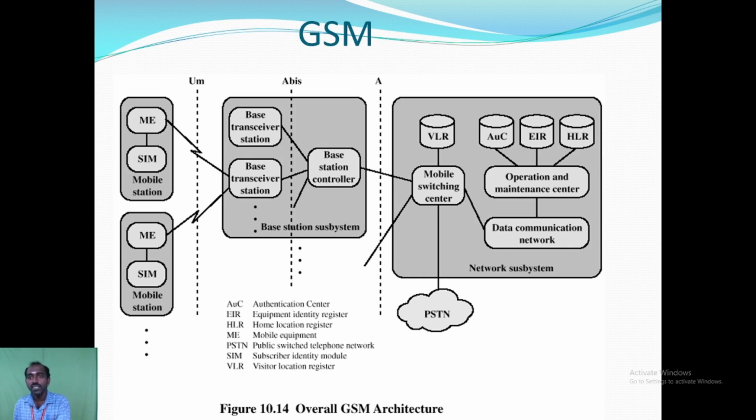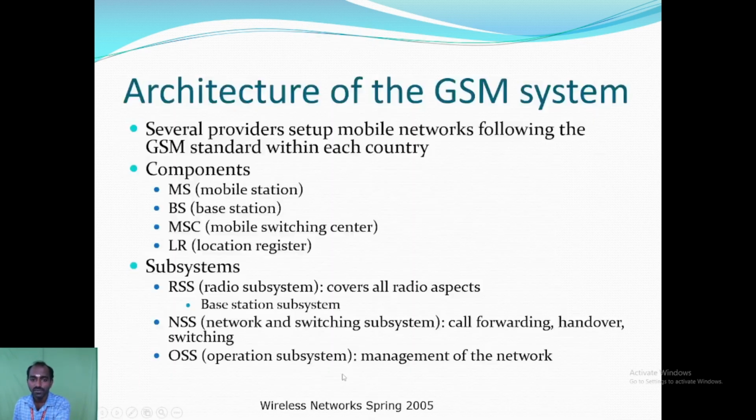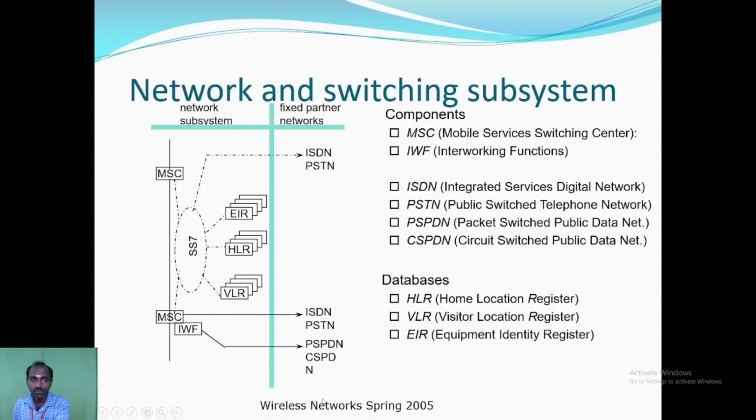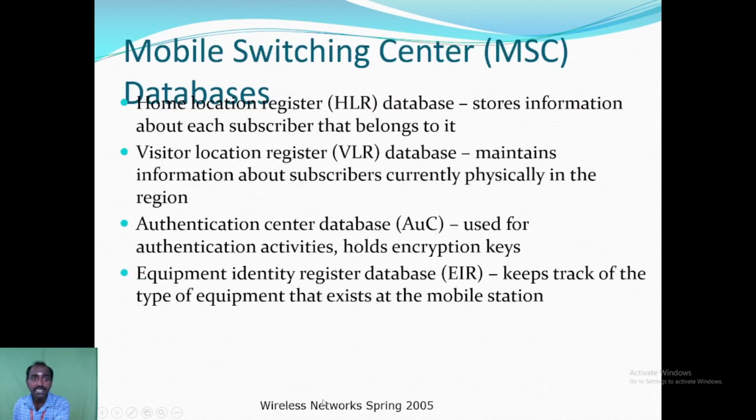So what is the function of the home location register? It is the database. See the slide. The home location register is the database which contains subscriber information and location information of each user or subscriber.